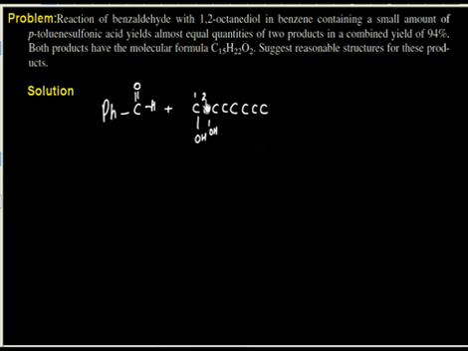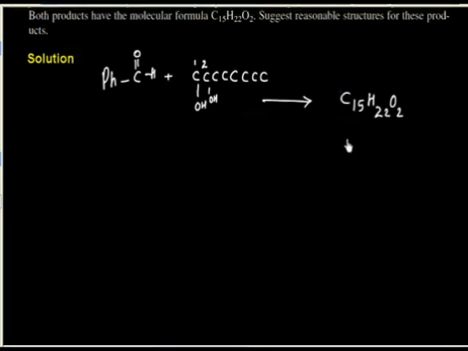This is 1,2-octane diol, and this gives a compound of molecular formula C15H22O2. This compound is basically a mixture of two compounds, two products. Since these two products have the same molecular formula, it looks like these two are isomers.